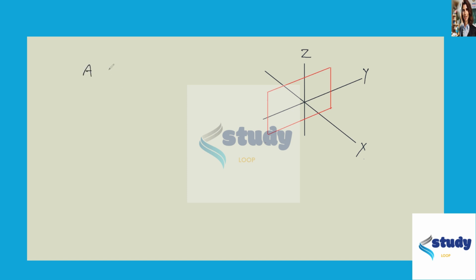The area of this coil has been given as 600 centimeter square, or we can say this is 600 into 10 raised to the power minus 4 meter square.